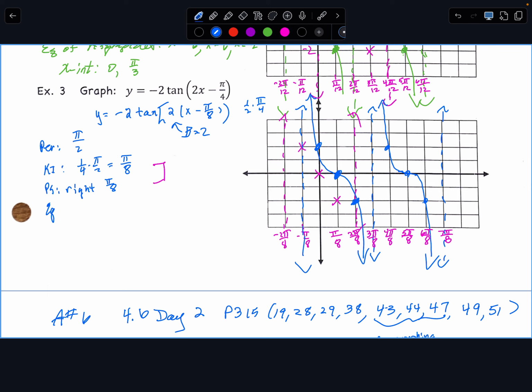And so our equations of the asymptotes are x equals -pi eighths, x equals 3 pi eighths, x equals 7 pi eighths, and my x-intercepts are pi eighths and 5 pi eighths. Lengths between the asymptotes should be the length of the period. Lengths between x-intercepts should be the length of the period.